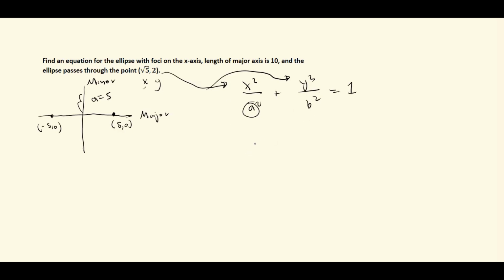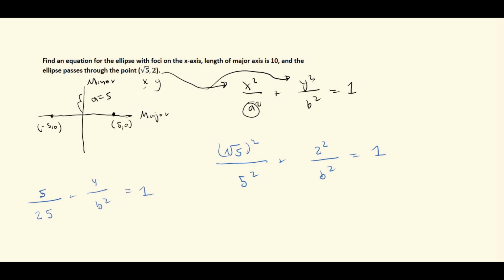So when we do that, we get the square root of 5 squared over 5 squared plus 2 squared over b squared is equal to 1. The square root of 5 squared is 5. 5 squared is 25. 2 squared is 4. We have our b squared, and all that is equal to 1.